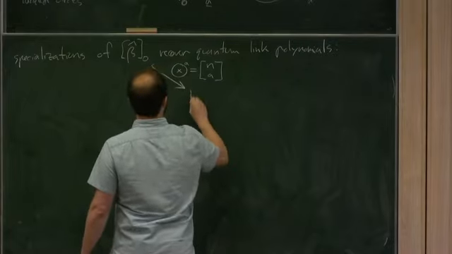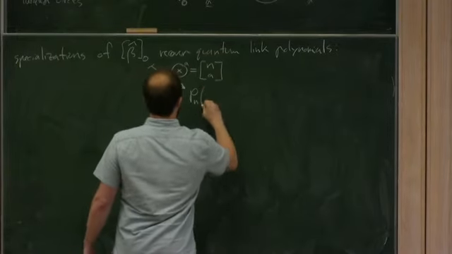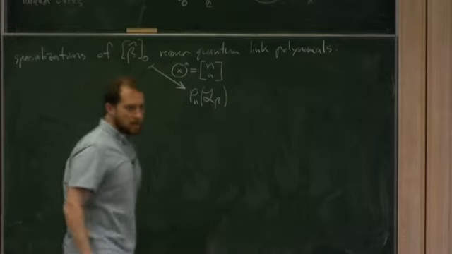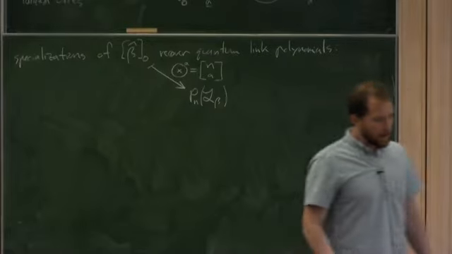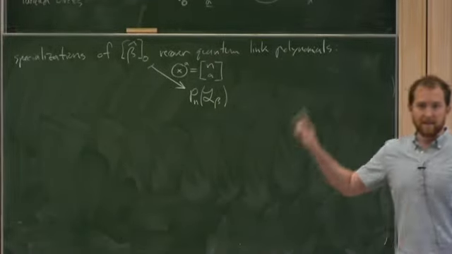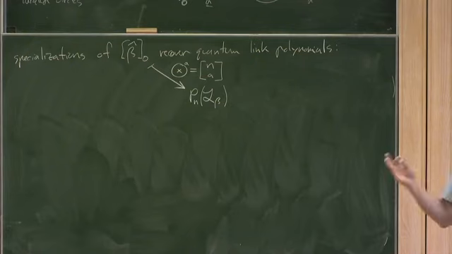Up to some normalization, some Rive correction, I get the SLN polynomial of the link in S3 corresponding to the closure of this braid. That's not surprising, right? I've just computed the SLN link polynomial in some elaborate way where I take a stop at infinity before going to the polynomial.